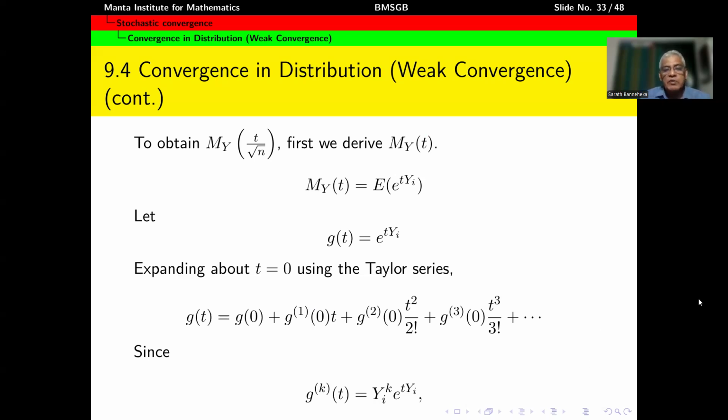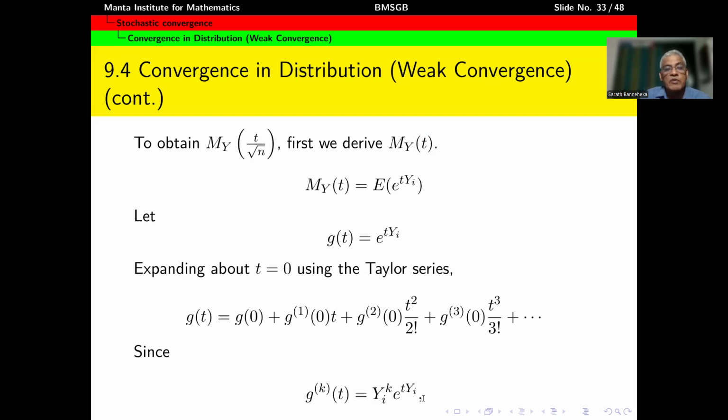But because g(t) is equal to this expression, we can easily see that the kth derivative of this function evaluated at t is equal to Yi to the power k, e to the power t Yi, because every time we take a derivative, a Yi term will come to the front, and the exponential stays the same. So you'll have Yi to the power k, e to the power t Yi.